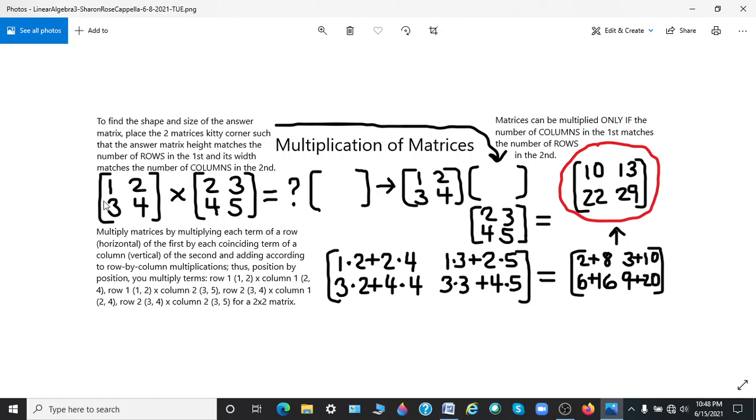That sounds confusing, but if you have these columns, each column is a component of a term in the row. So what you're doing is moving across here as you're moving down here. If you go across 1, 2, it's 1 times 2 plus 2 times 4, that's it.